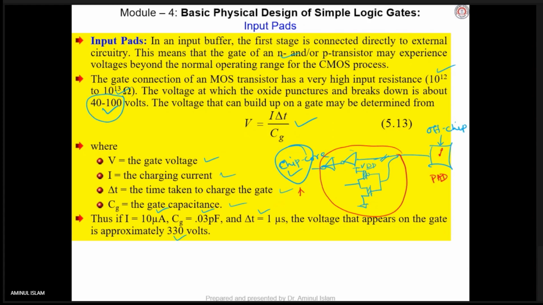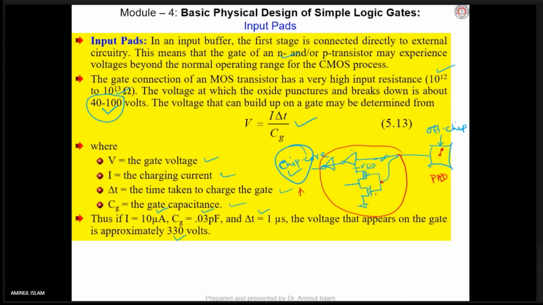So this means that the gates of the N and P transistors may experience voltages beyond the normal operating range of the CMOS, because the gate here is connected to some off-chip device through some off-chip interconnection, and that chip may be operating at a higher voltage.